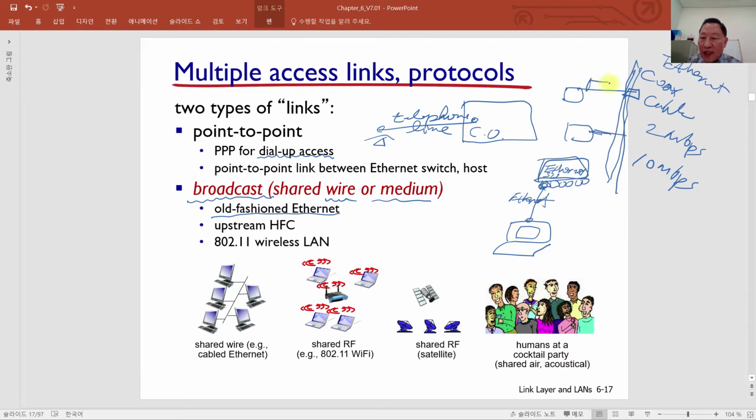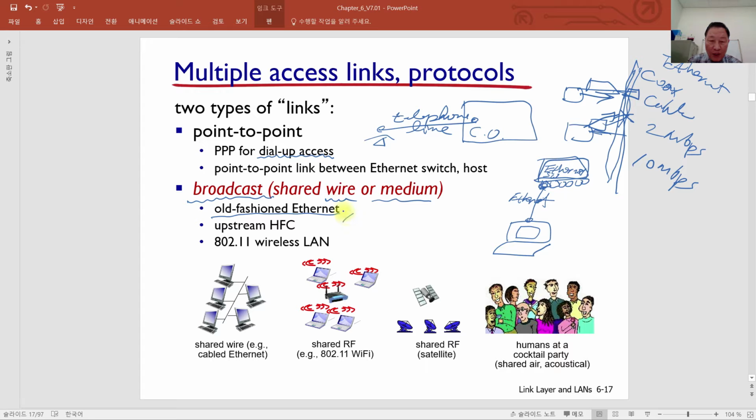Thus, if this one is sending something and this one is sending something, they are colliding. Thus, the packet will be corrupted, and that is not a successful transmission. That should be retransmitted again later. That is called old-fashioned Ethernet, old technology.